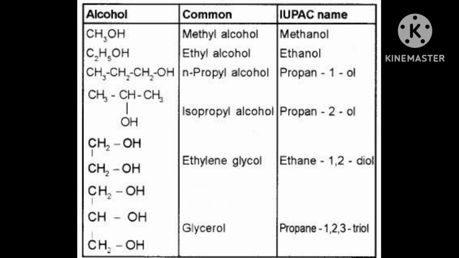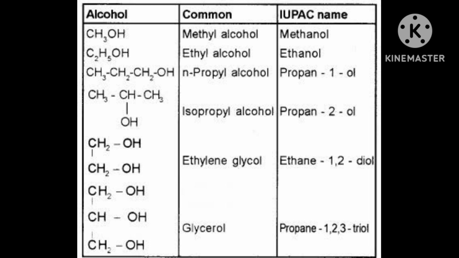Now the next example. Again it is three carbons, but this time OH is attached to the middle carbon. This is actually isopropyl, with OH attached in the middle, so you can say isopropyl alcohol. This is the common name.